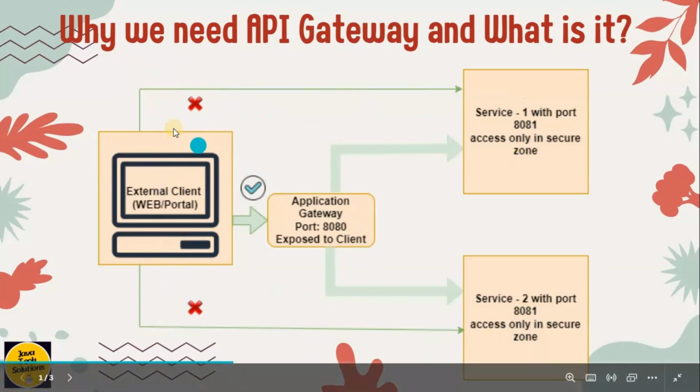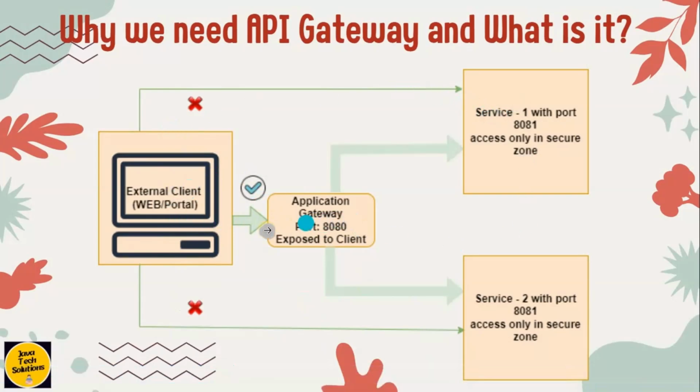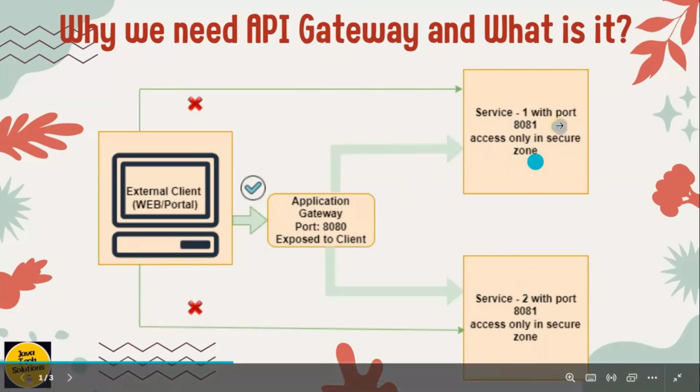If they want to access those services, they always go through this path: first they call the application gateway, and then the gateway internally calls these services based on the URL they pass. So the gateway is exposed to the client, and these services are the private zone, or we can say the secure zone, not exposed to the client.